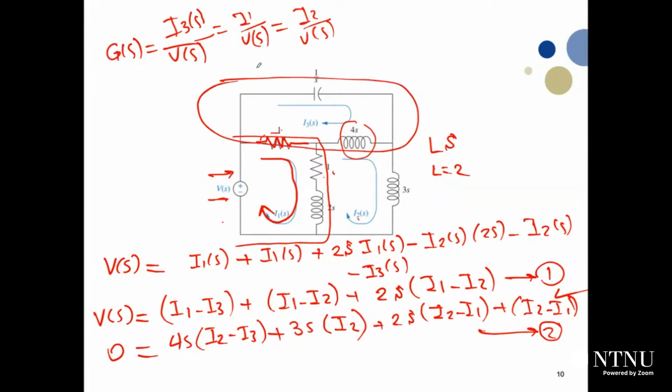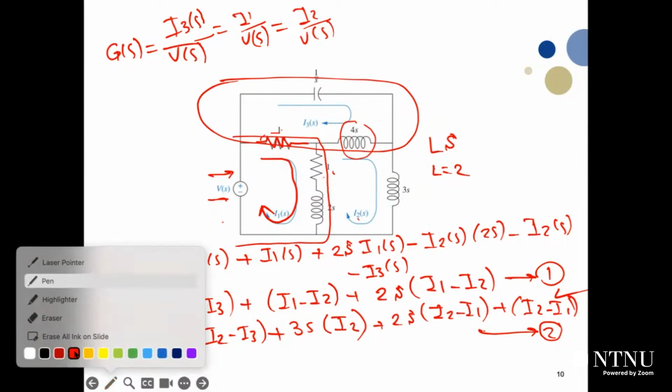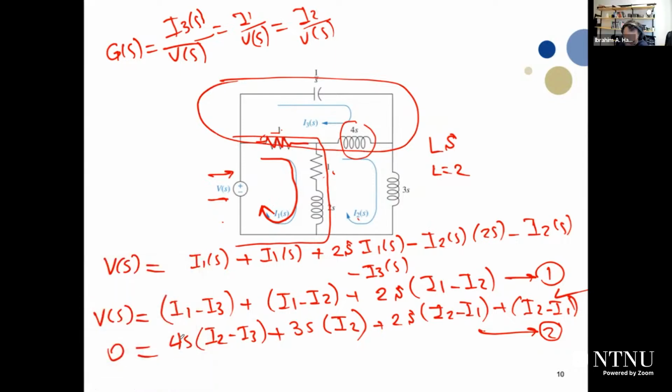We need to write the voltage around this loop. Probably with 1 divided by S times I3. Yes, very good. 1 divided by S multiplied by I3.